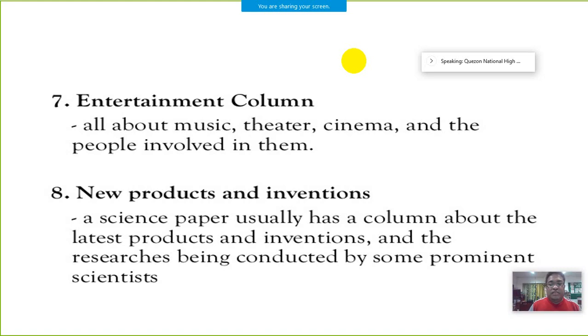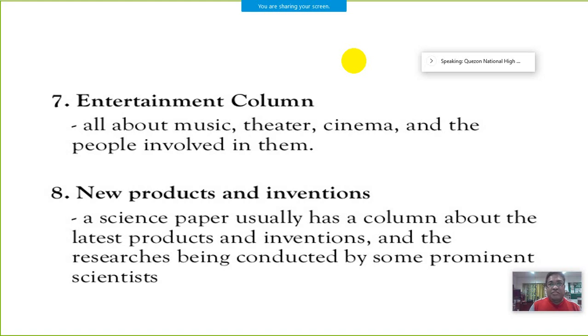You would note that in some broadsheets, there is always a page for movie reviews. If there is a picture of the columnist plus a review of the movie, then it's an entertainment column. Or they have a song review, on the social relevance, for example, of the song.